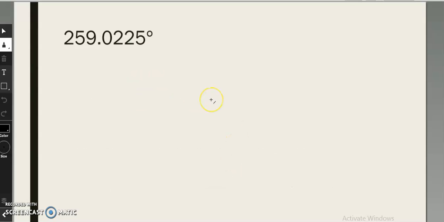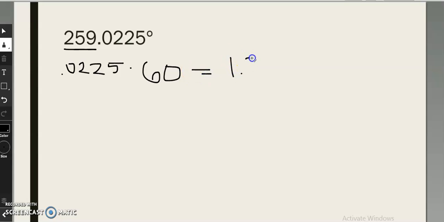All right, so now let's try some together. So we have 259.0225 degrees. Well, I know that these are full degrees, 259. So I'm going to take my decimal, 0.0225, and I'm going to multiply that by 60 to find out my minutes, right? And I get 1.35.